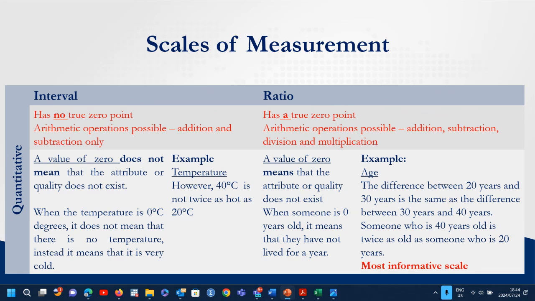So it means that attribute doesn't exist. I think the other example we can look at is pH level, right? Where 0 doesn't mean there is no pH.